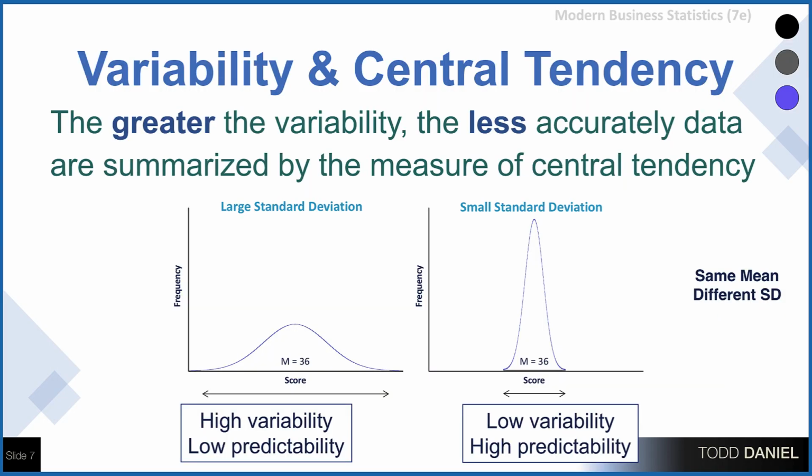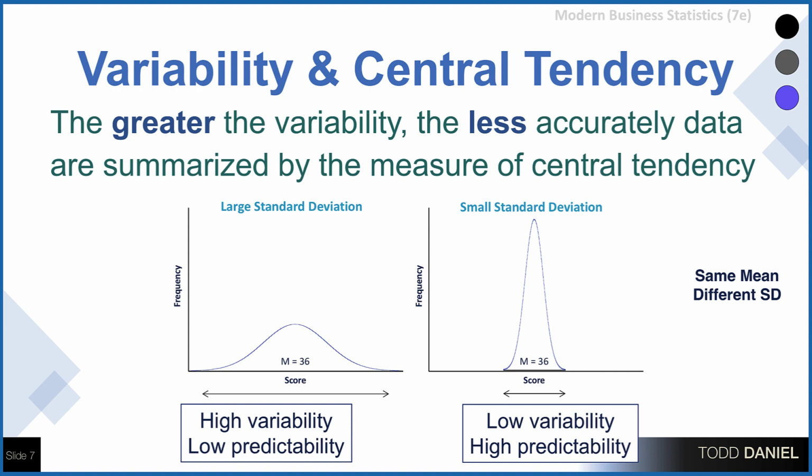So let's look at the way that variability and central tendency work together. The greater the variability, the less accurately that the data are summarized by a measure of central tendency. In these two distributions, they each have the same mean, but they have different measures of variability, which we're going to call standard deviation.